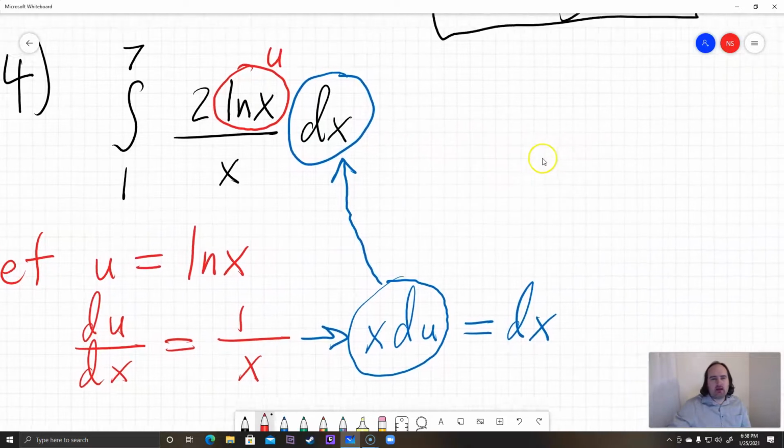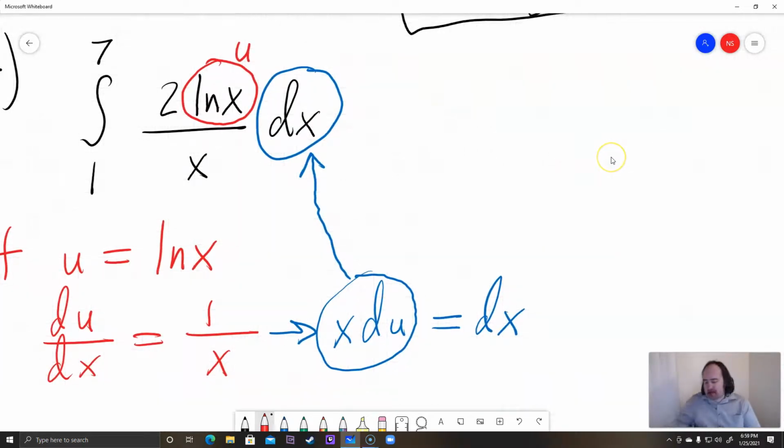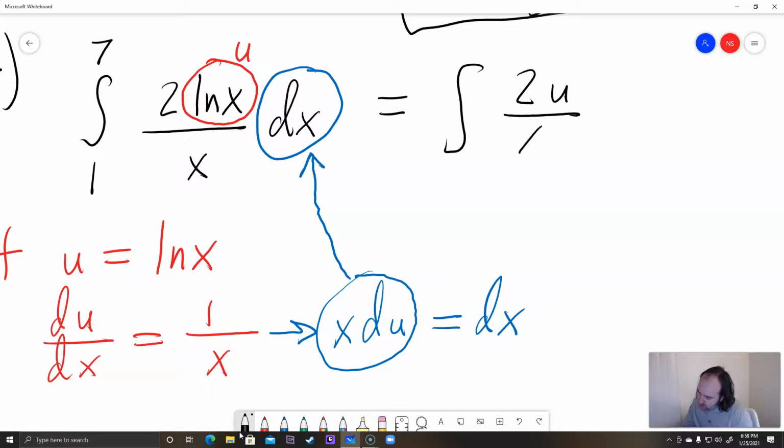So what we're going to be integrating here is a little different from the last problems. Here we're going to have the integral of 2u over x times x du, going from 1 to 7. And remember, the 1 to 7 makes it a definite integral.